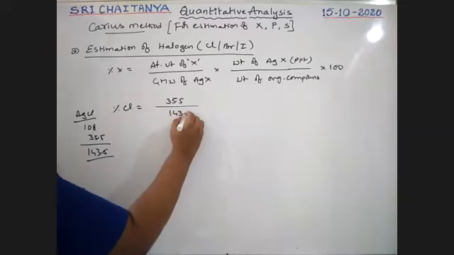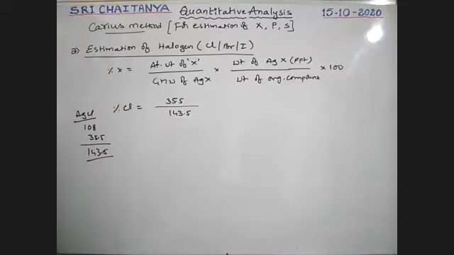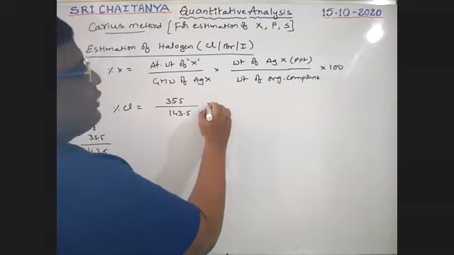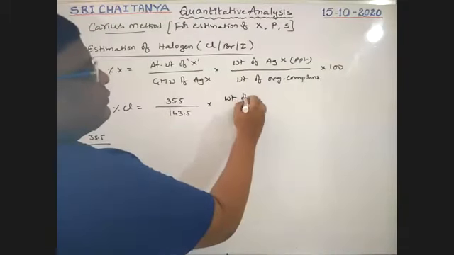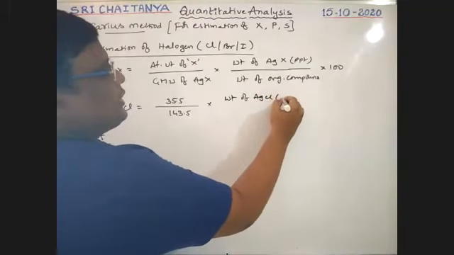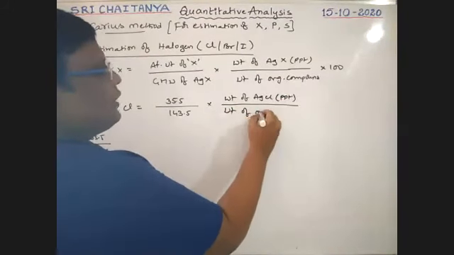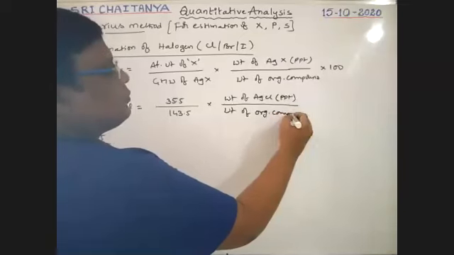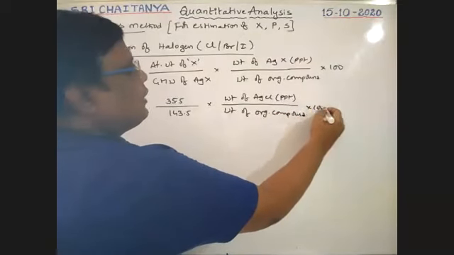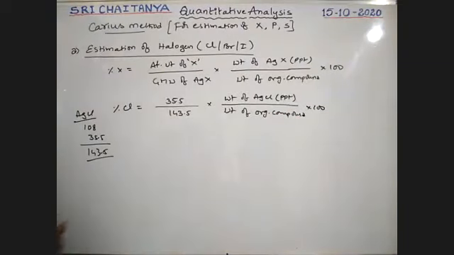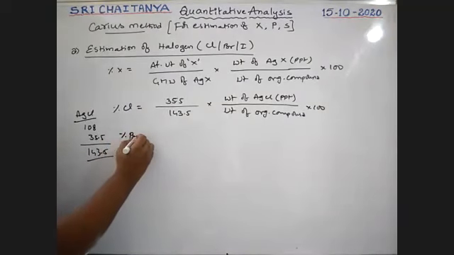Therefore, percentage of chlorine is 35.5 by 143.5 into weight of AgCl precipitate by weight of organic compound into 100.